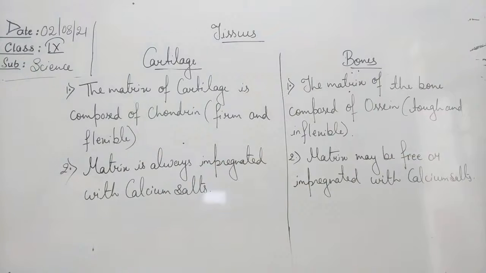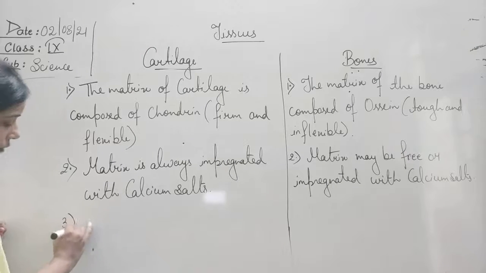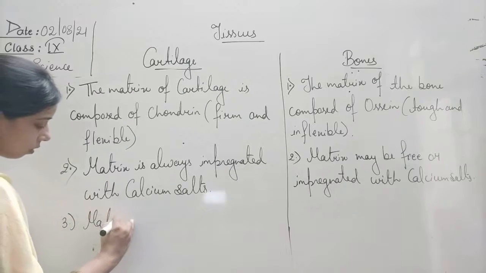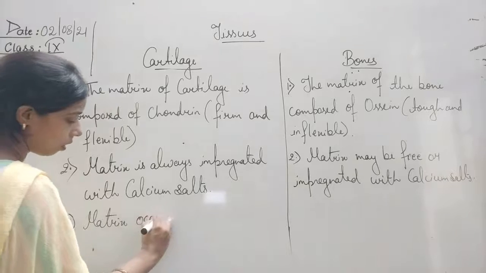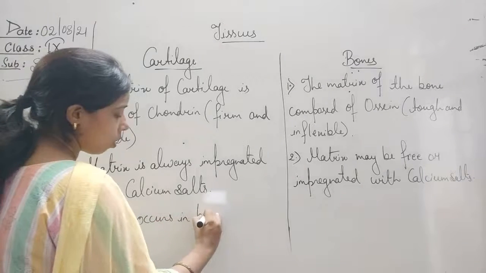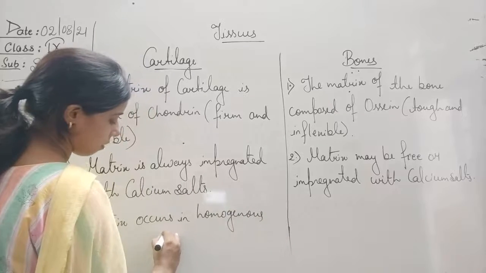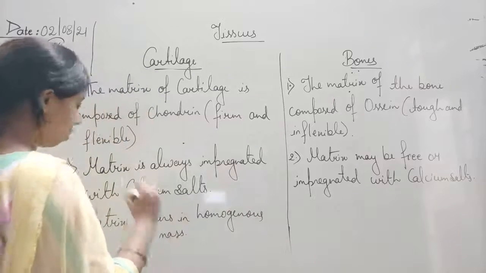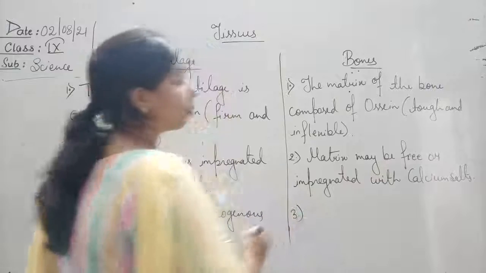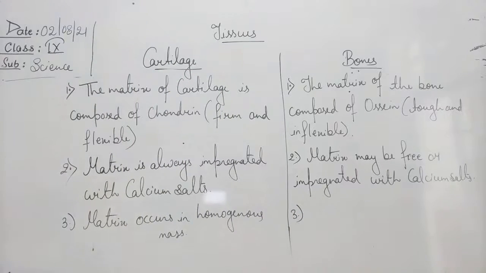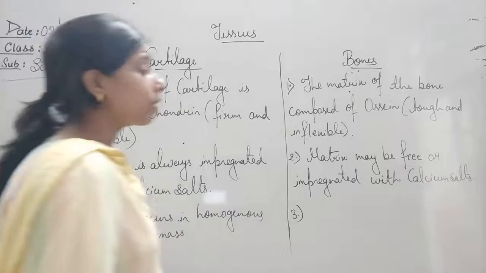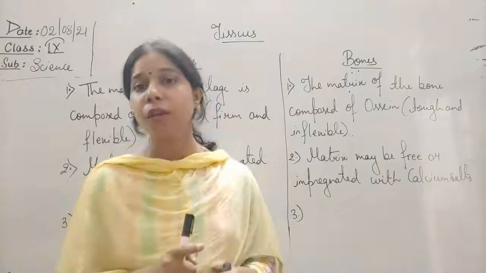Then the next one is matrix. It occurs in a homogeneous mass. While in case of the bones, the matrix is in concentric lamellae.